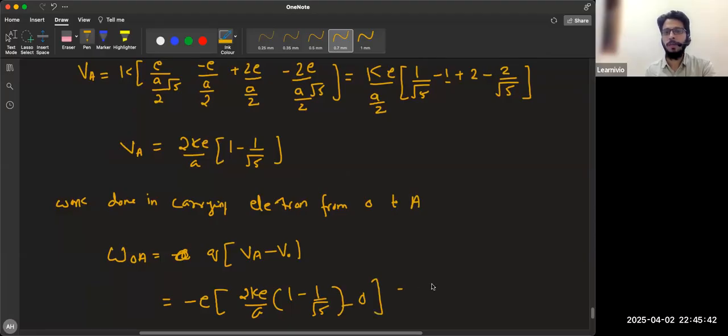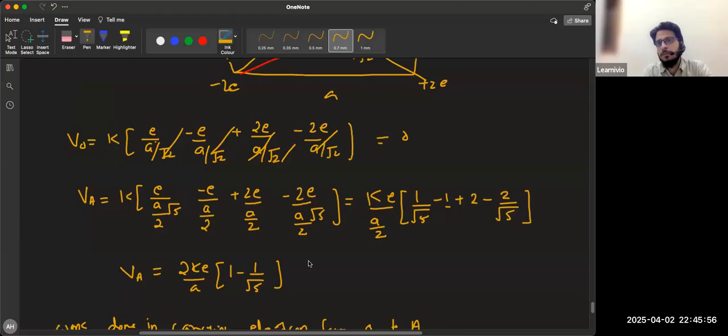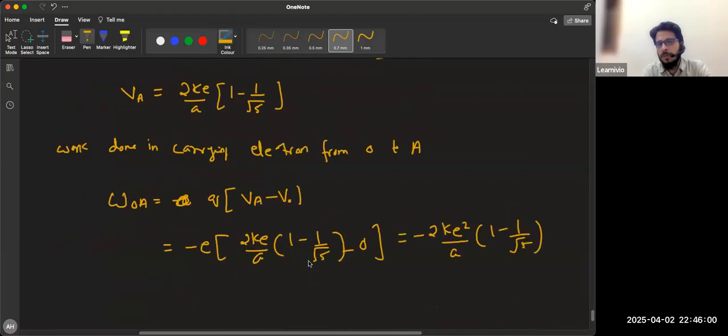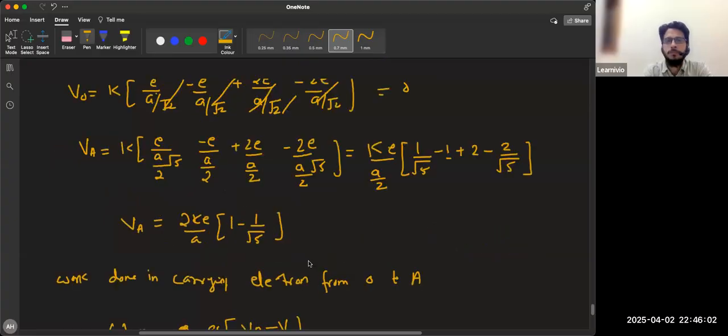So that's minus of 2KE square by A, 1 minus 1 by root 5. So this question can be repeated. Instead of a square, you can get a hexagon, you can get a semicircle, all types of configuration could be there, but the method is the same.